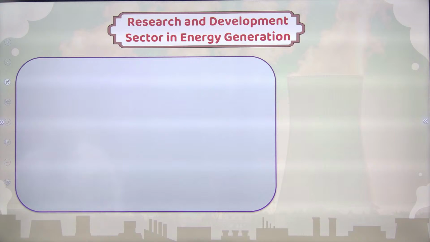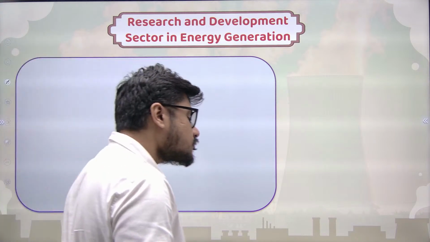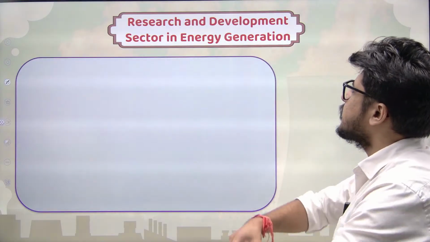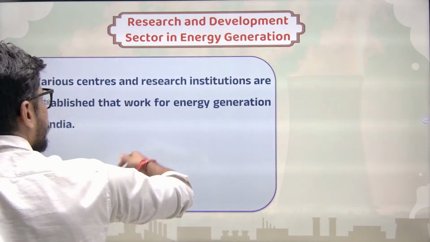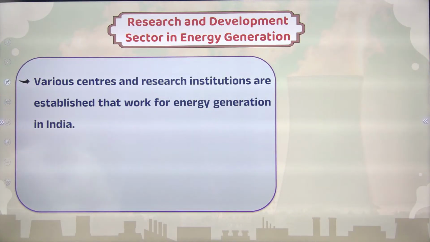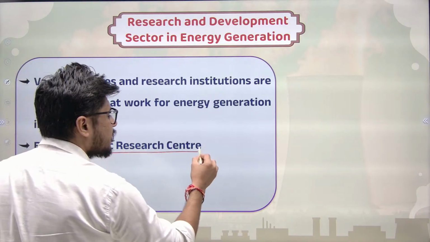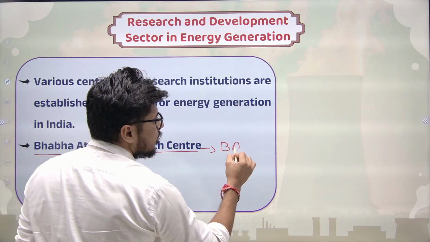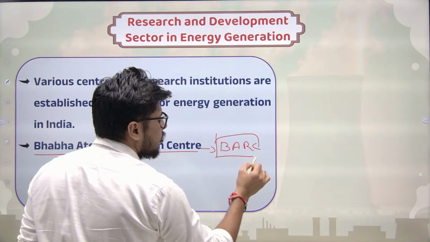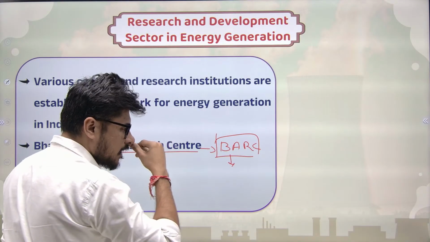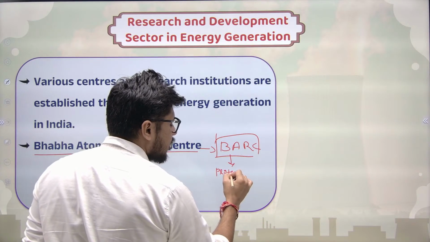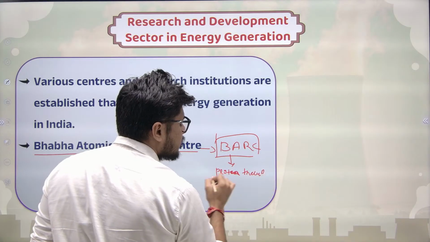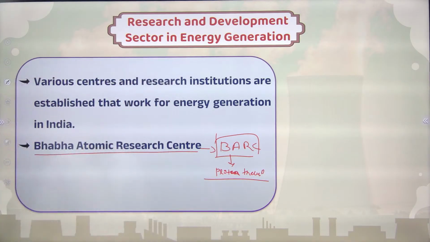The third important organization is for the research and development sector in energy generation. So there are various research institutes which are working for energy generation. For example, Bhabha Atomic Research Center, BARC. You have heard the name of BARC. What was I telling you about? Proton therapy, not protein, proton therapy. That proton therapy was developed by Bhabha Atomic Research Center.